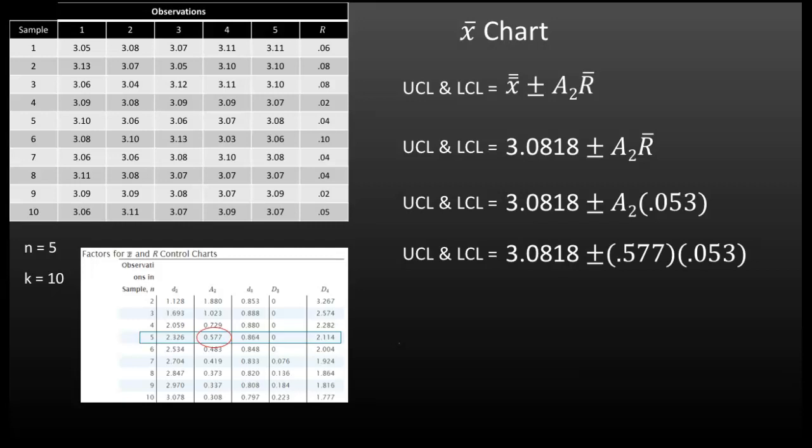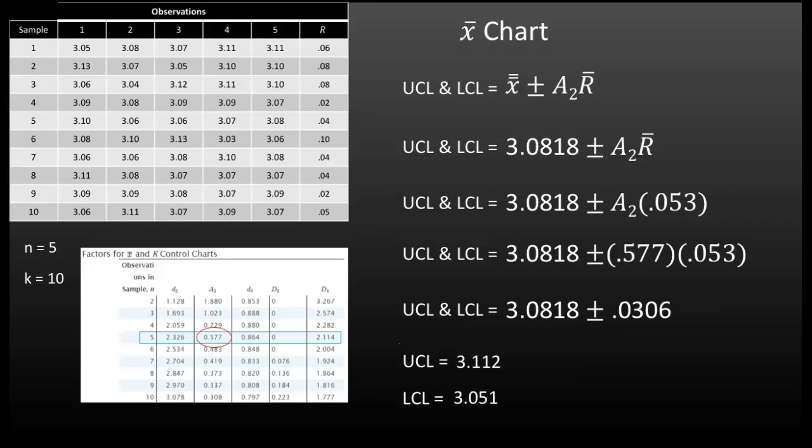And if we multiply 0.577 and 0.053, we get 0.0306. So now our upper control limit is adding those two numbers together, which will give you 3.112. And our lower control limit will be subtracting those two numbers, which will give you 3.051.